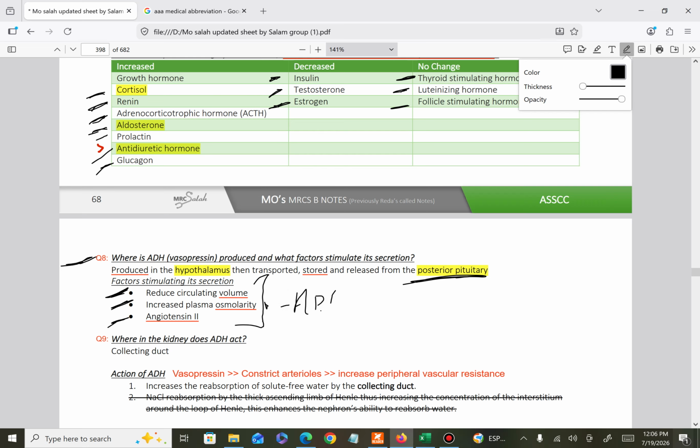Okay, and what does ADH do? ADH increases water reabsorption, so it causes water retention.